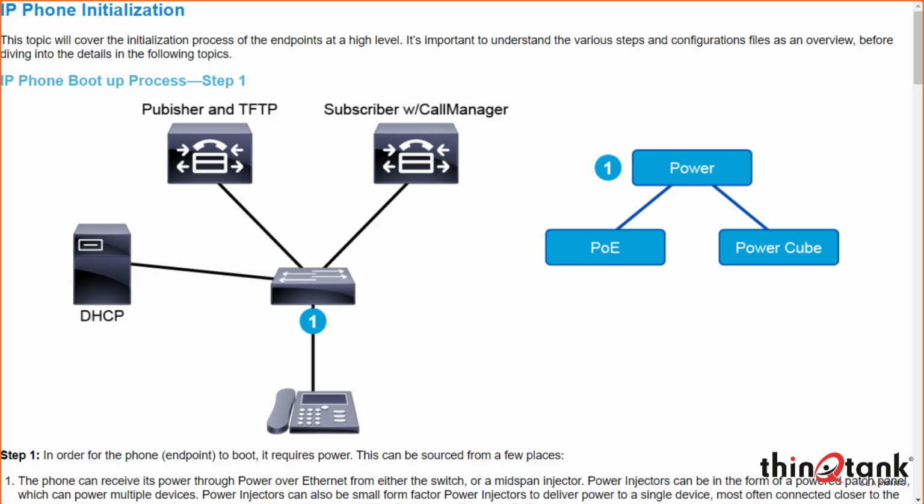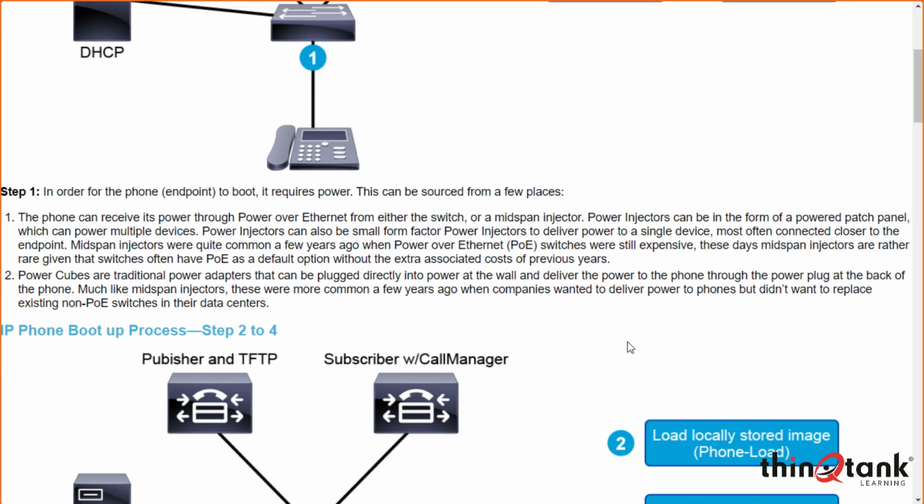The Cisco power option doesn't supply enough power for those types of phones. But you probably shouldn't run into a situation in today's configuration scenario where you're going to have a phone or a device that doesn't support the 802.3 AF or at least the 802.3 AT power specification. So that's step number one in this case. The switch is going to provide the power to the phone, and then the phone is going to boot up.